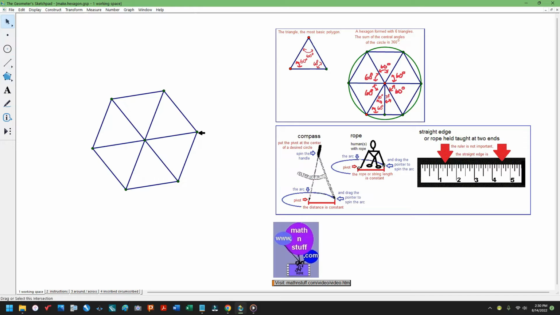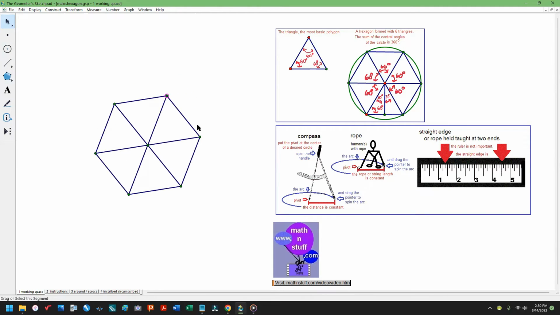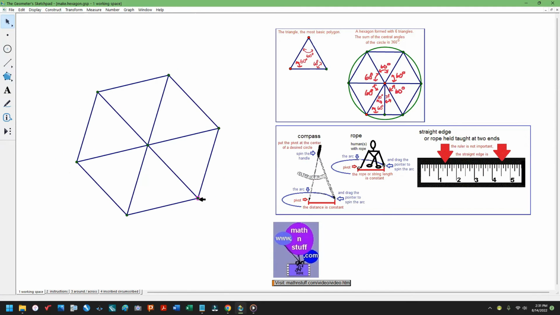And it really doesn't matter what size your hexagon is. The central angles will always be 60 degrees. They'll always add up to 360 as long as your hexagon is regular. One more thing, now that I have a big hexagon, if we call that the radius of the circle, then a diagonal would be 2 radii long.